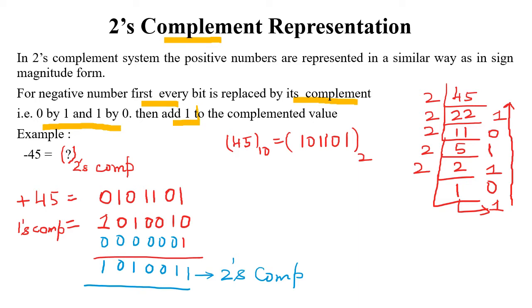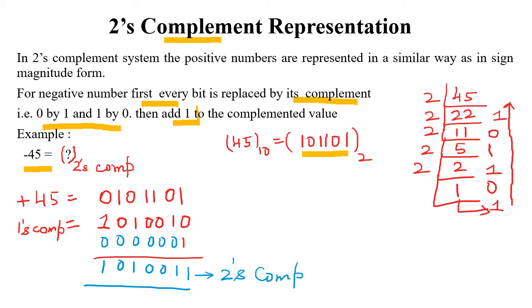For example, if I have to find the 2's complement of minus 45, first find the binary equivalent of 45 by dividing it by 2. I have shown it here and it comes out to be 101101.